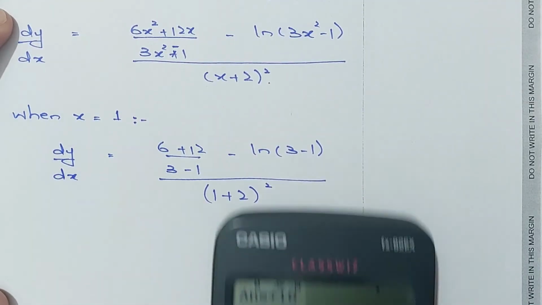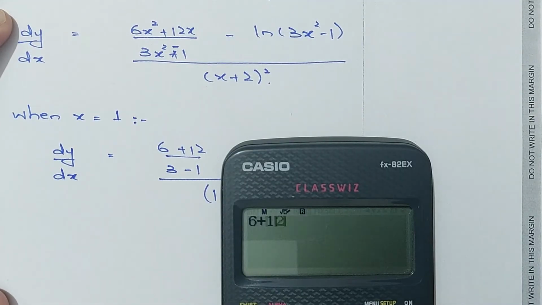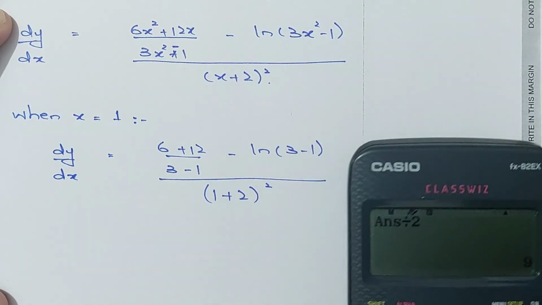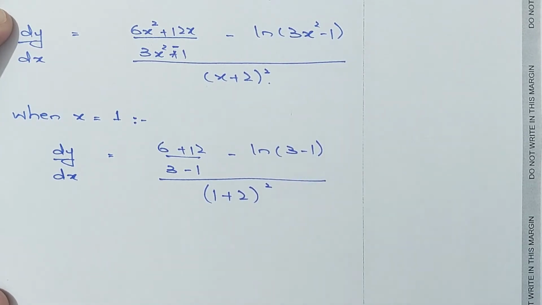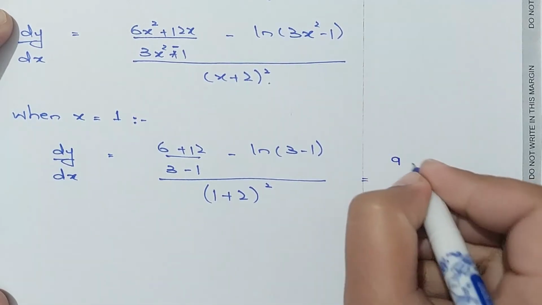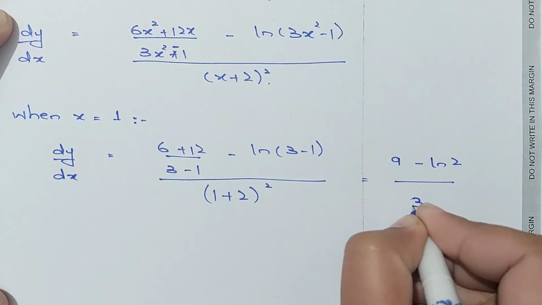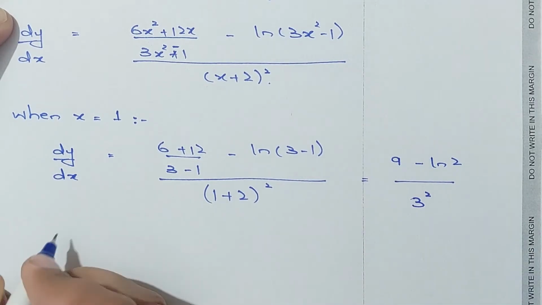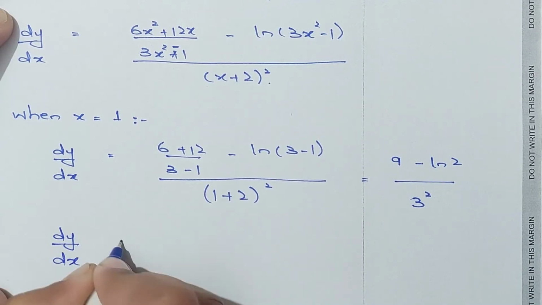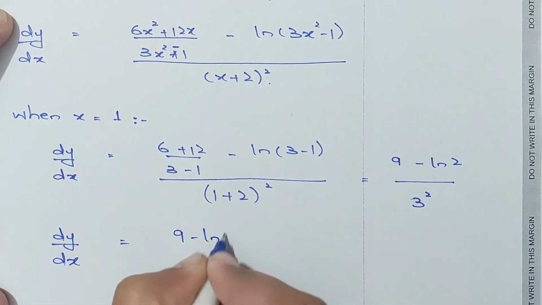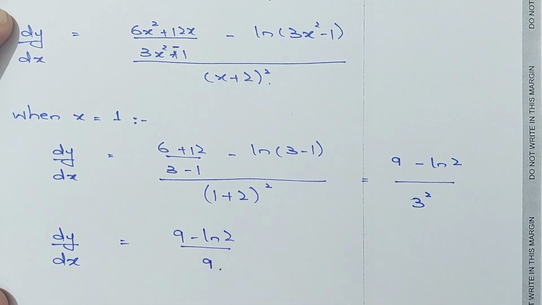Simplify. 6 plus 12 is 18. 18 divided by 2 would be 9. This term is 9 minus ln 2 over 3 square, which is also 9. So dy over dx equals 9 minus ln 2 over 9 at x equals 1.